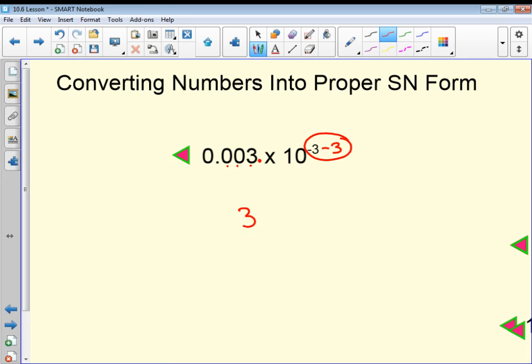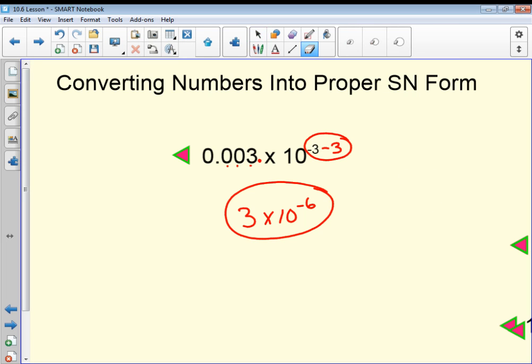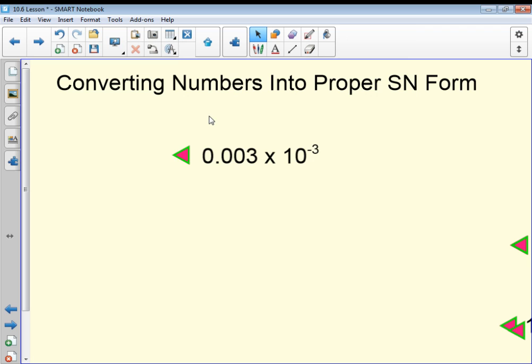It becomes 3.0 or 3 times 10. And then negative 3 minus 3 is a negative 6. Final answer. Okay, so if it's less than 1, that's a negative thing. Greater than 10, that's a positive thing.